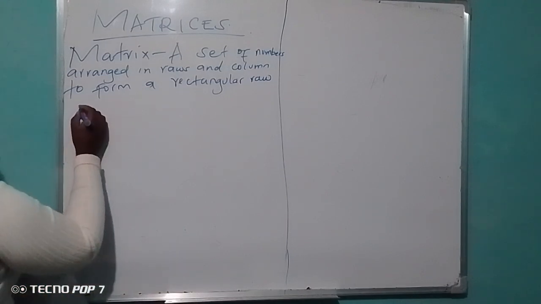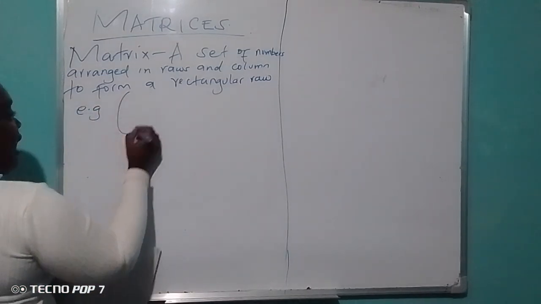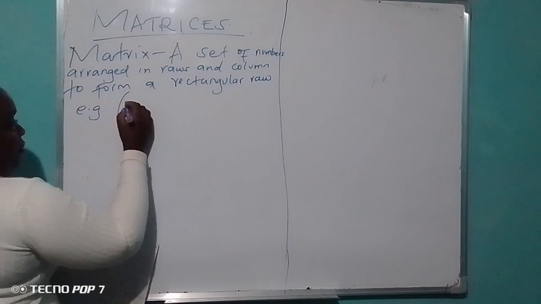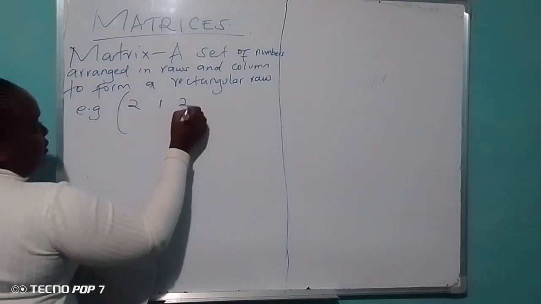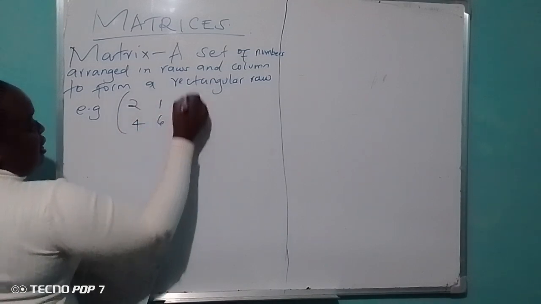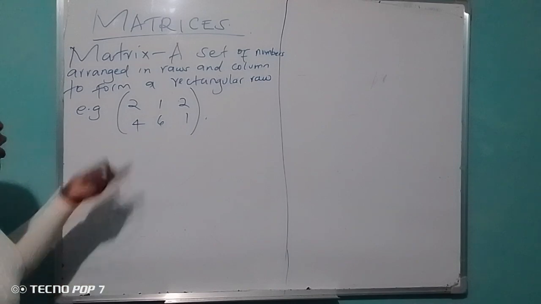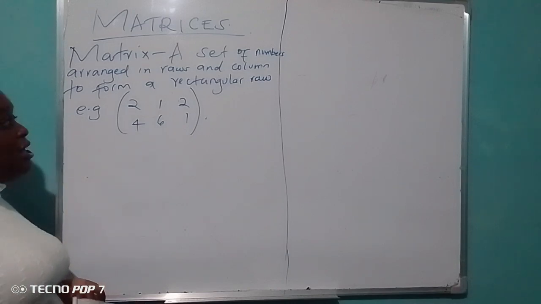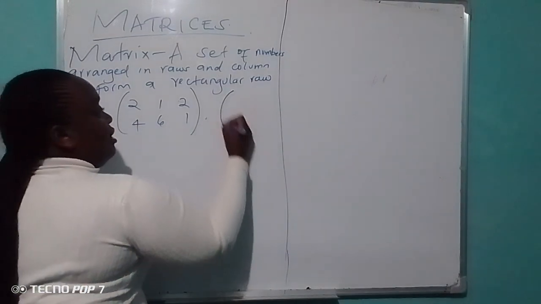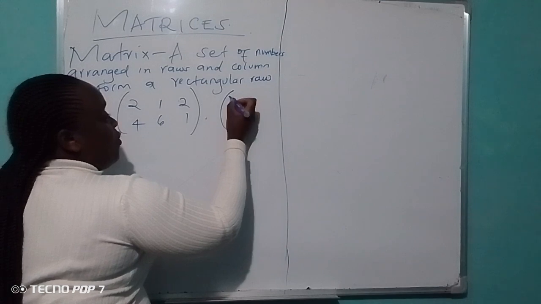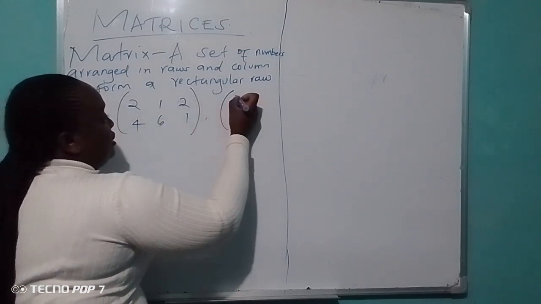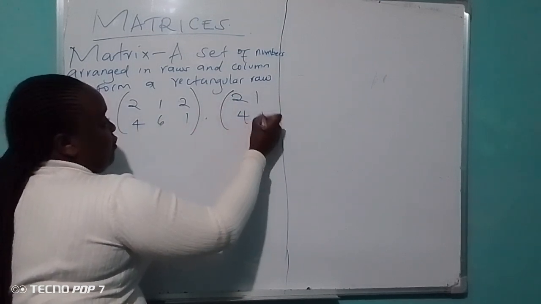So for example, something like 2, 1, 2, 4, 6. So this is an example of a matrix. An array can be a rectangle or a square, like 2, 1, 4, 1.